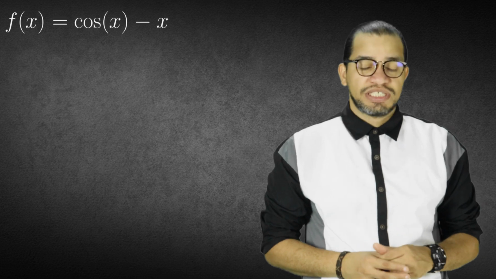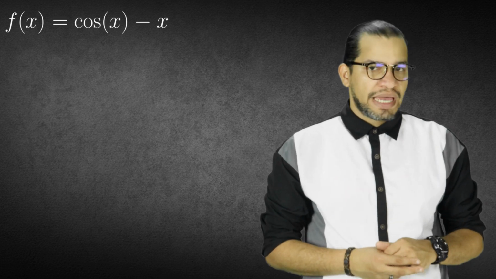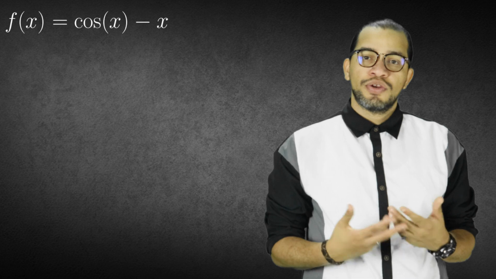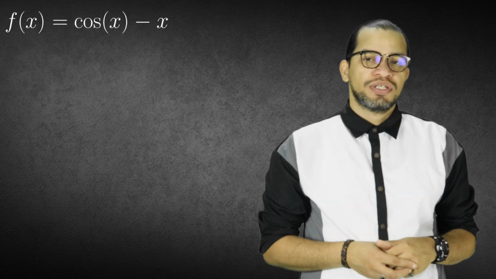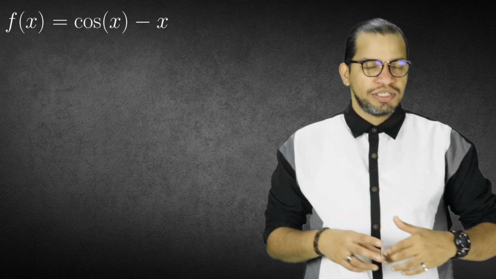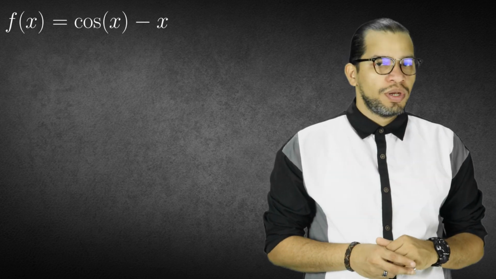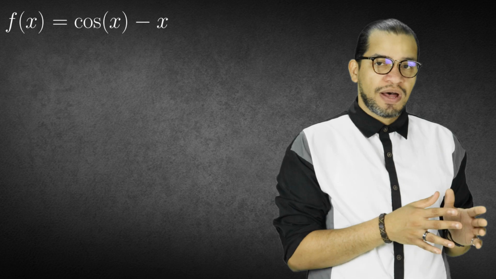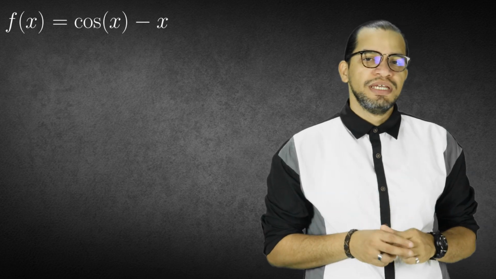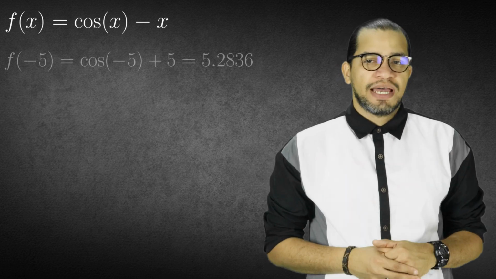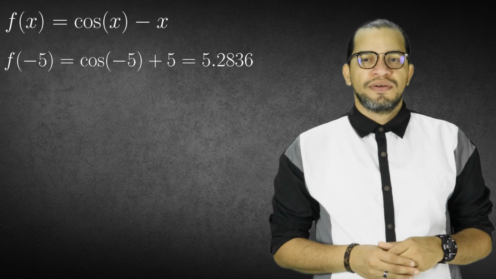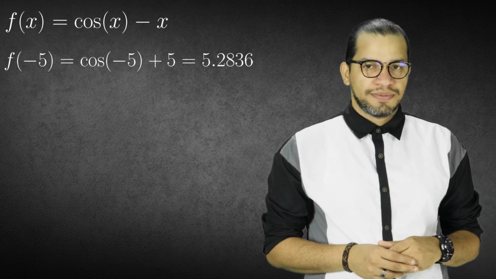For instance, let us consider the function f(x), which is equal to cosine of x minus x. Notice that this function is both continuous and differentiable in the whole real number line. But let us consider only the interval [-5, 5]. Now, f(-5) is approximately 5.28.